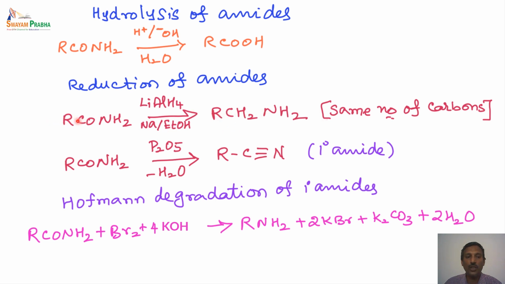Here we have RC, here also we have RC. In Hofmann degradation, the starting material has RC whereas the product has only the R group. So there is a loss of a carbon, and this carbon is lost as CO2. One carbon loss happens in this reaction.